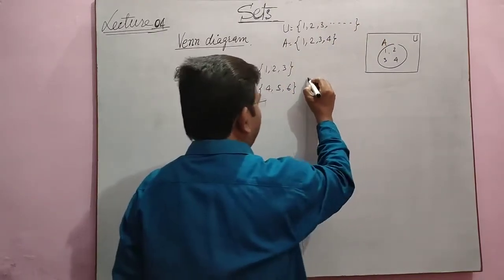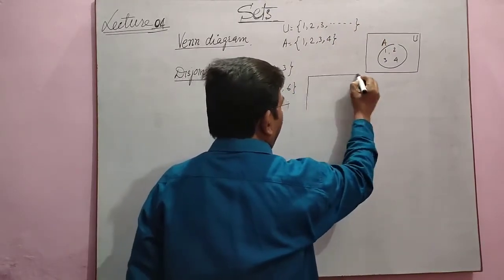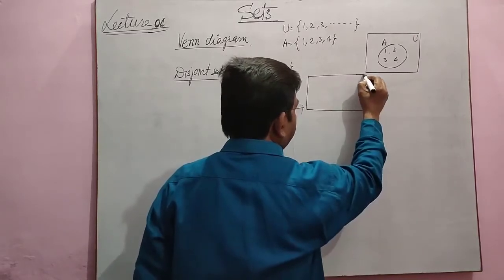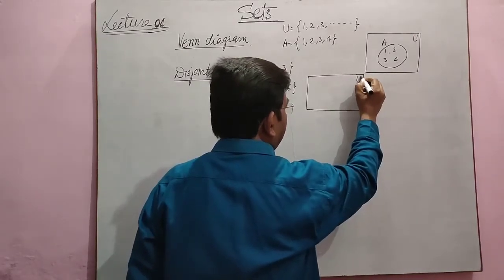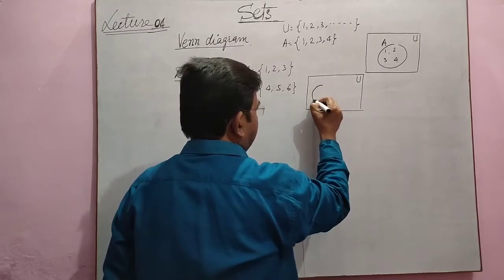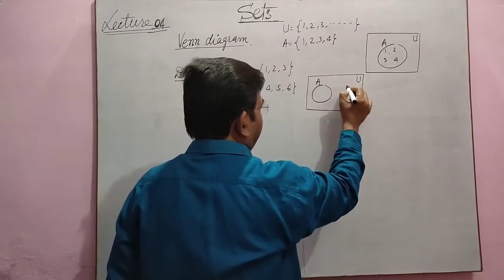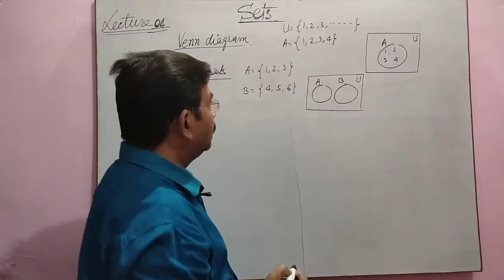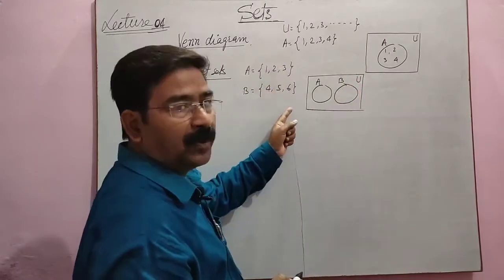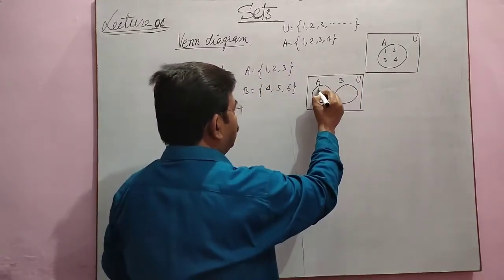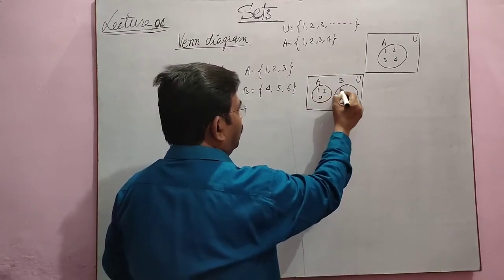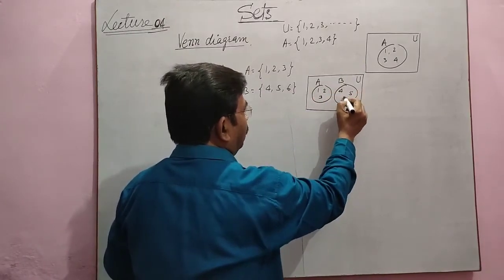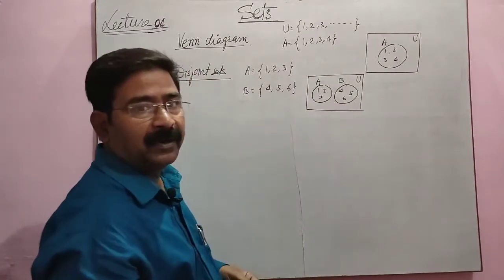So how to make its Venn diagram? See, this is universal set, this is set A and this is set B. Both are separate because they have no common element. Like this is 1, 2, 3, here we have 4, 5, 6. No common element.